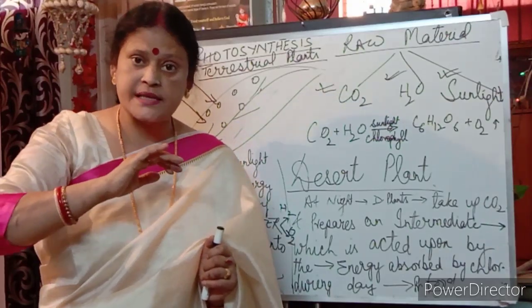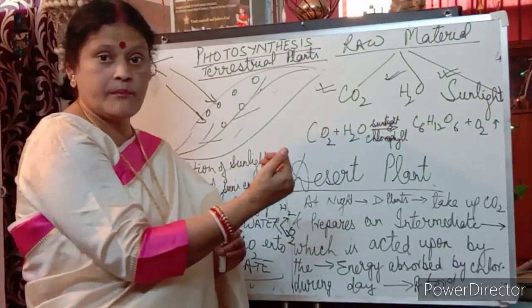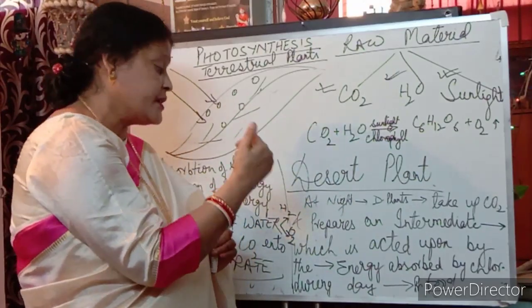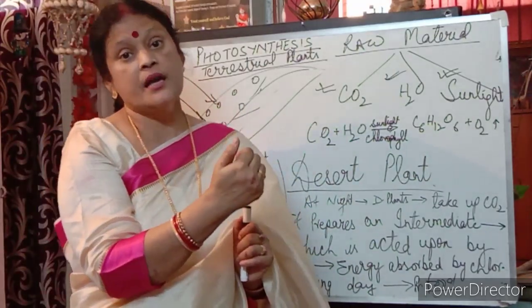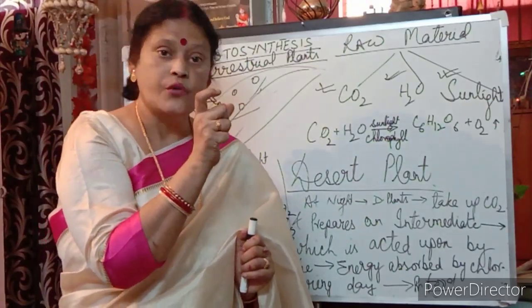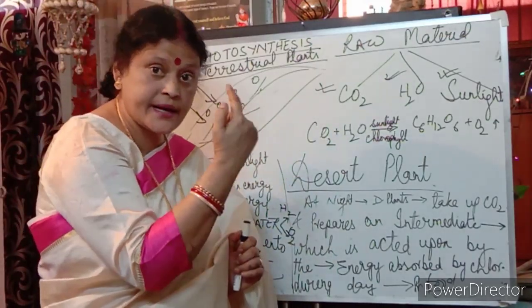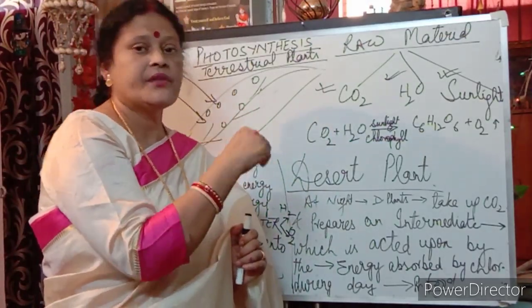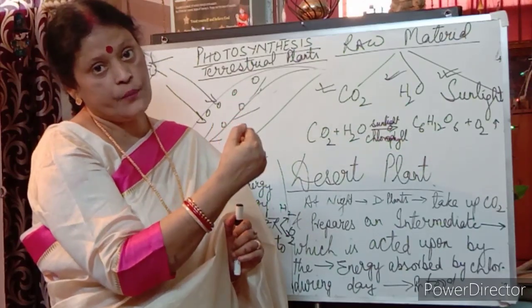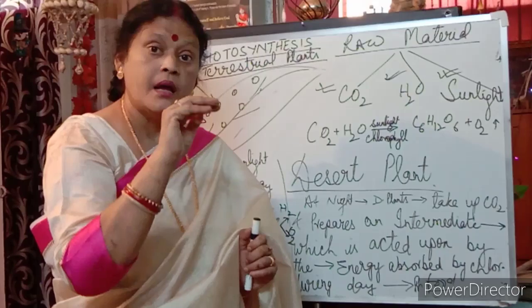Again, not in your 10th syllabus, the intermediate compound is formed and that intermediate compound is ready, and it is acted upon by the chlorophyll molecule during the day. At night, the desert plant takes up CO2 from the atmosphere and prepares an intermediate.